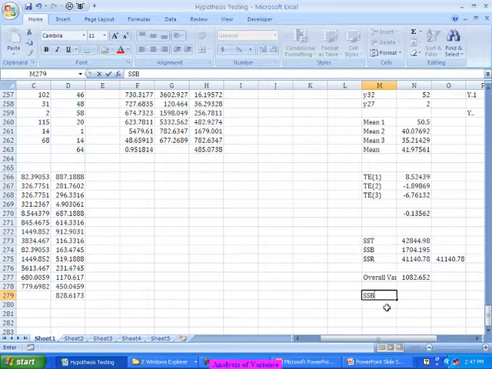K is 3 here, so the between sum of squares by k minus 1, which is 2, comes out to 852.